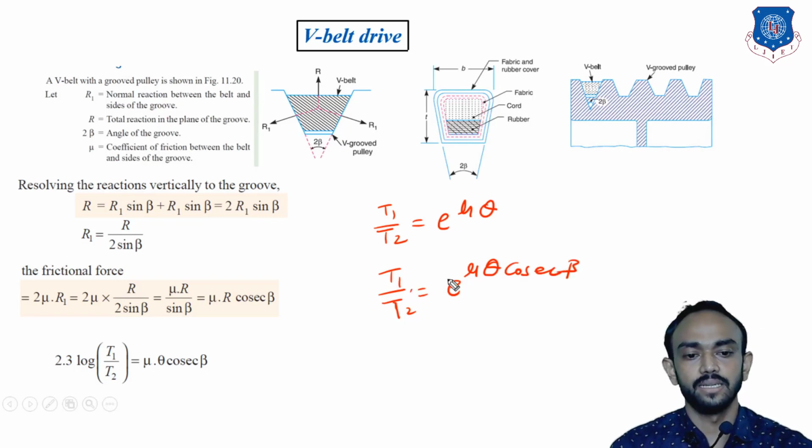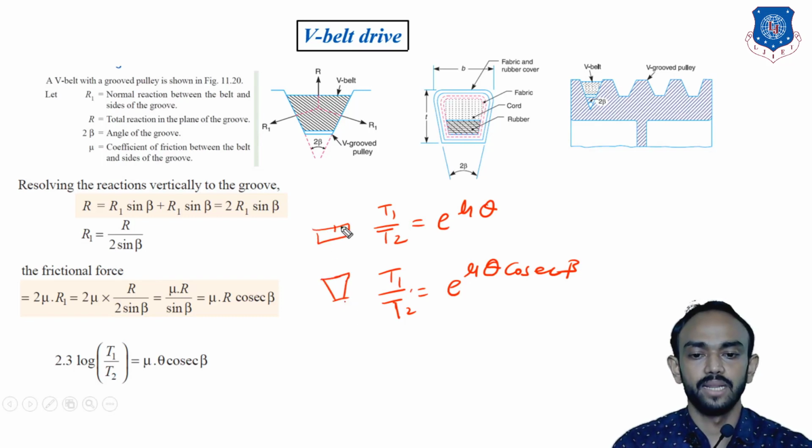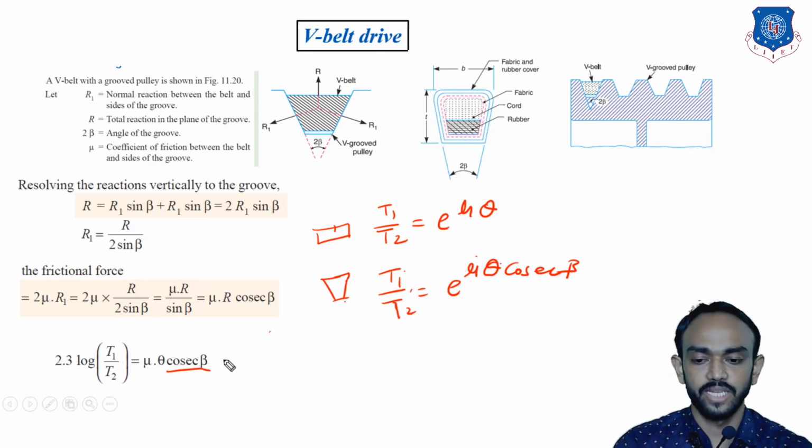So that is the change between a flat belt and a V belt. This is the V belt, this is the flat: T1 upon T2 is e raised to mu theta, and T1 upon T2 is e raised to mu theta cosec beta. So this is a very small change. We have to remember that this is the small change.